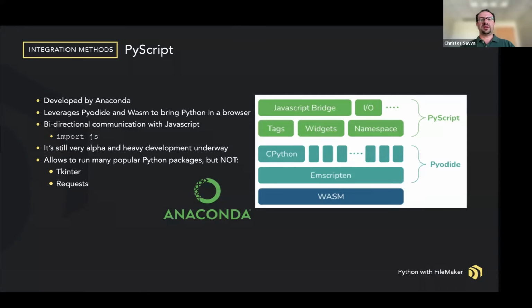The bidirectional communication with JavaScript works by using the import js command at the beginning of your script. It's still pretty much in alpha, but it's being developed very heavily by Anaconda, so there is progress being made on that front.